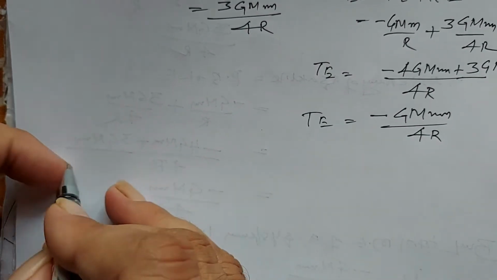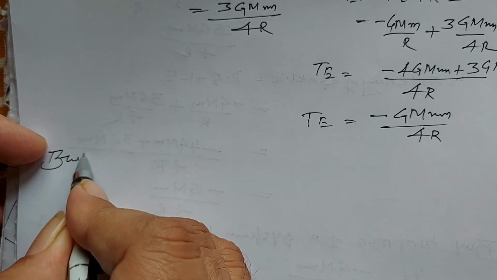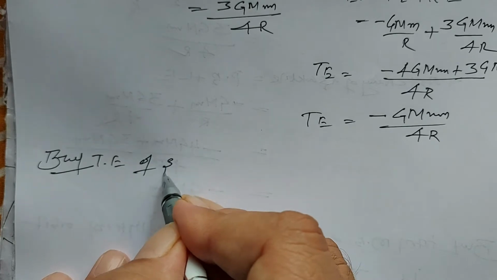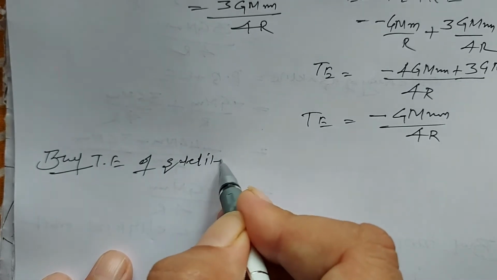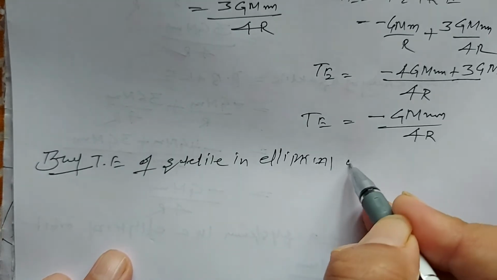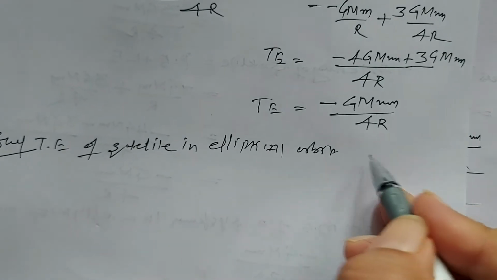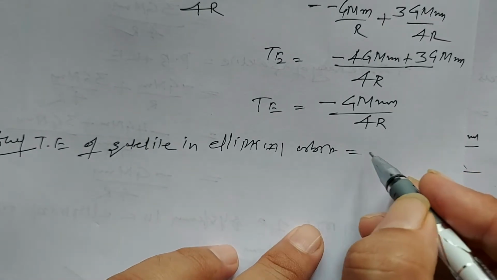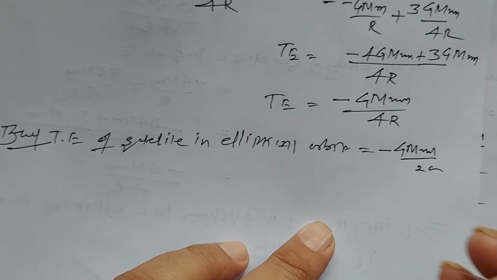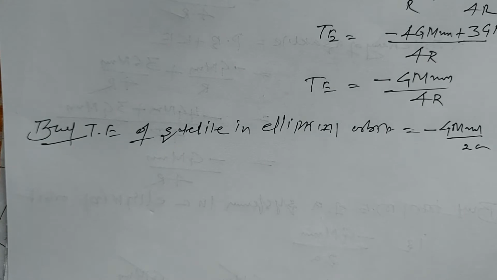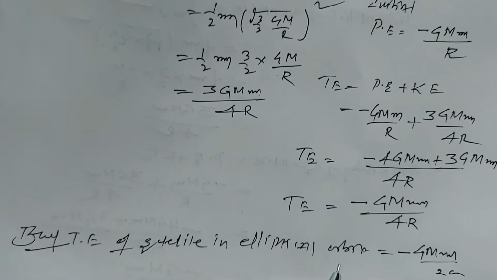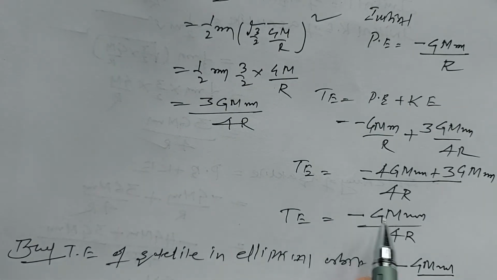But the total mechanical energy of a satellite in an elliptical orbit is equal to minus GMm divided by 2a. According to our problem, the total energy of the satellite is minus GMm by 4R.